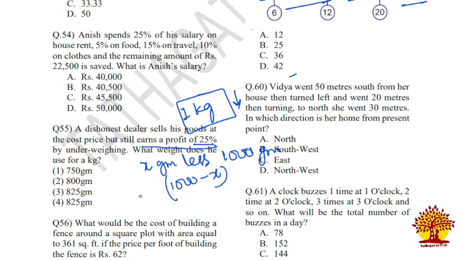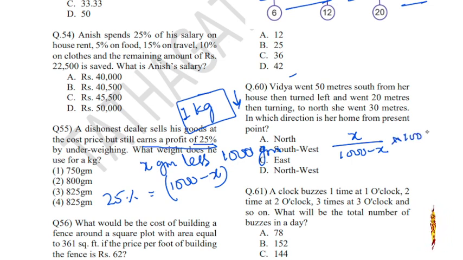By doing this, he earns 25% profit. Then x divided by 1000 minus x, into 100, this percentage is 25%.